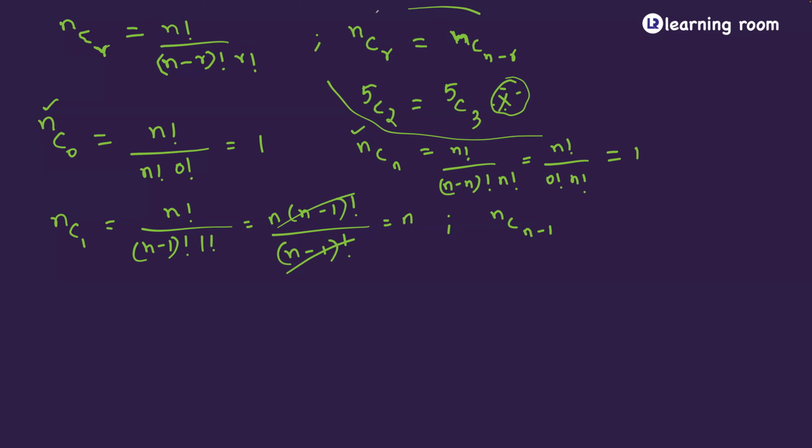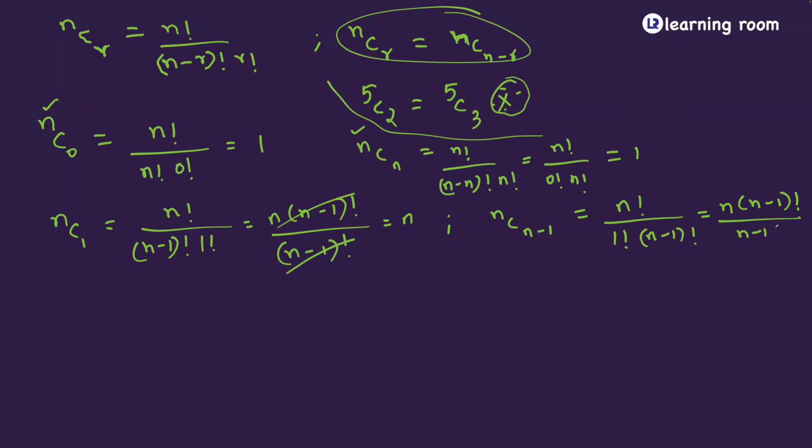Because I'm using this property: nCr is equal to nC(n minus r). So nC1 is the same as nC(n minus 1). So what is nC(n minus 1)? It is going to be n factorial divided by (n minus (n minus 1)) factorial, which will be 1 factorial into (n minus 1) factorial, which will be n into (n minus 1) factorial divided by (n minus 1) factorial. Cancel this and this. Again, it is going to be n.